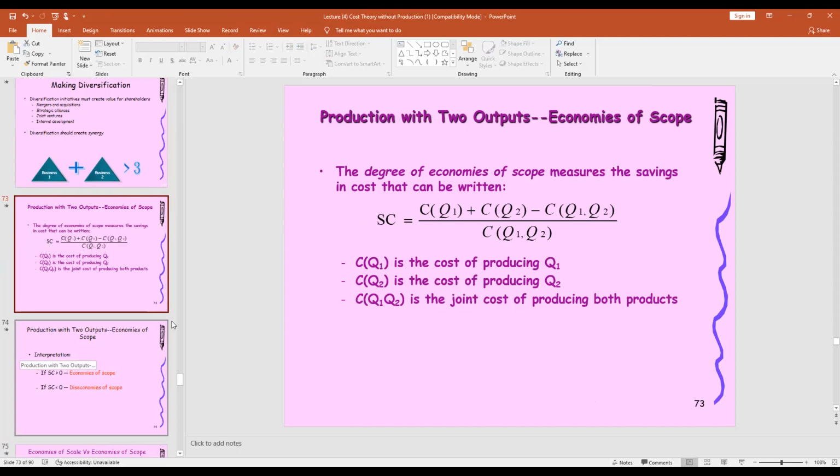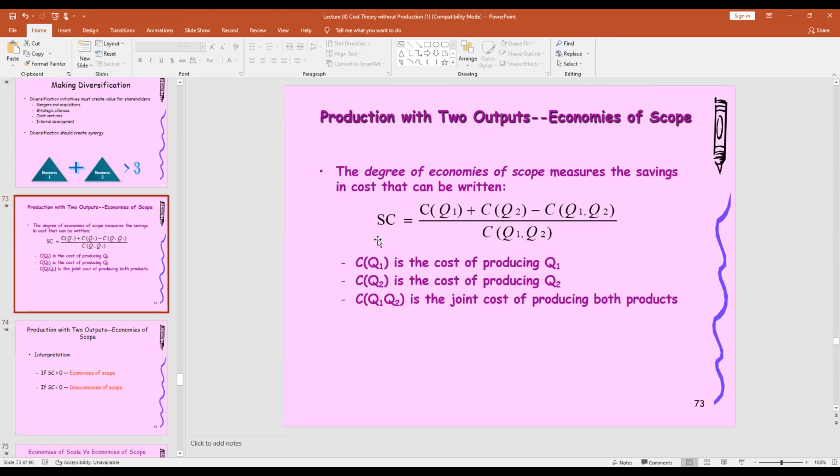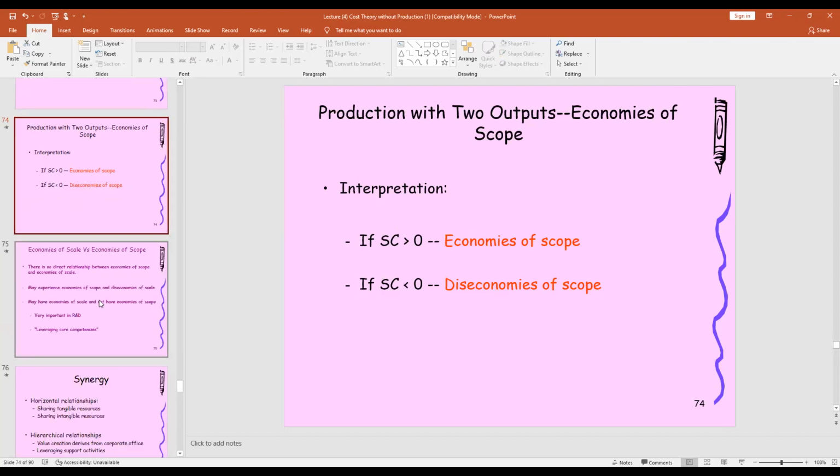If SC is greater than 0, then we can say economies of scope. If SC is less than 0, we can say diseconomies of scope.